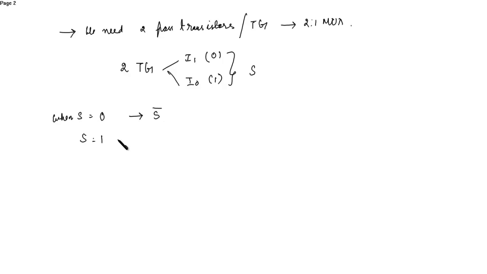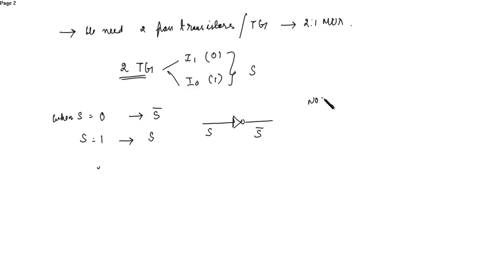When S is equal to 1, it should be S. And we can use two transmission gates. So when there are two transmission gates, here we need an inverter. There should be S and S bar.